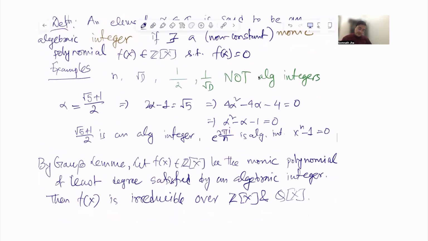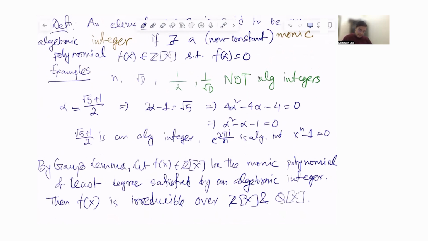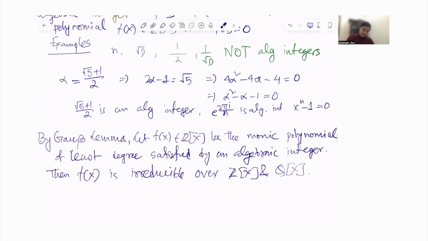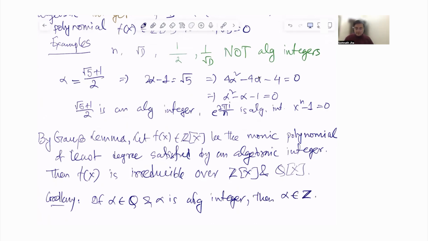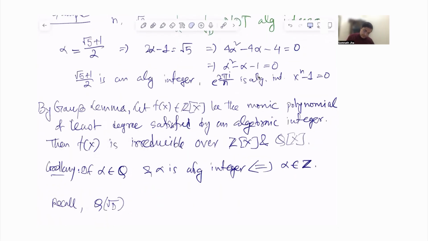Just think about why it follows from Gauss lemma, and using this you'll be able to prove that 1 by 2 and 1 by root d are not algebraic integers. You'll also be able to prove the corollary: if alpha belongs to Q and alpha is an algebraic integer, then alpha belongs to Z. So alpha in Q is an algebraic integer if and only if alpha is in Z.